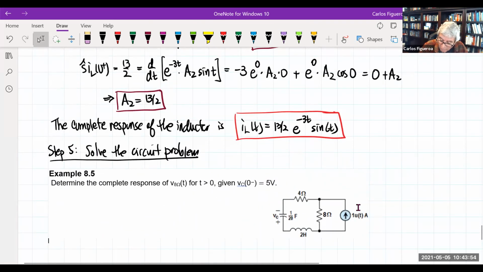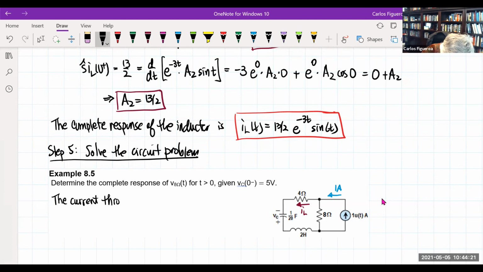I got to solve for the voltage across that. So if I look at this thing here, here's what we just calculated. We calculated the inductor current going this way. And we know that this guy is coming in this way. So I know the current through the 8 ohm resistor. So what this tells me here is that the current I8 of ohm is going to be 1 minus IL.